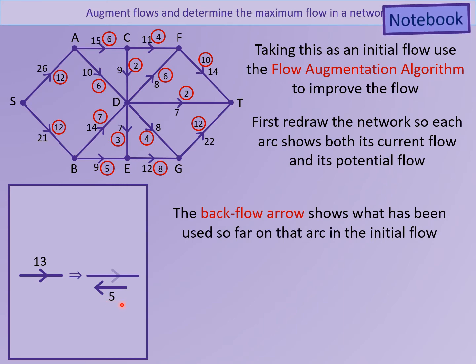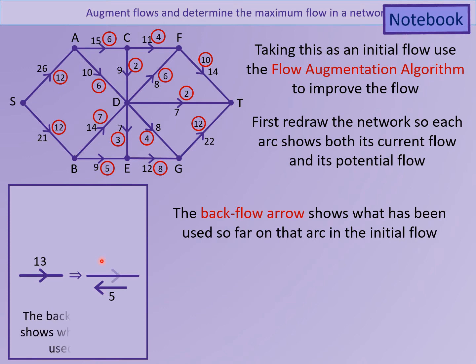Now the backflow goes against whatever we had before. So in this case, if you look at this one as 15, the backflow will be going this direction. It's going in the opposite direction. And what we can do is we can put down there what we've got flowing through it at the moment. That's part of our initial flow. So in this case, 13, just for an example, let's say I flow 5 through that at the moment.